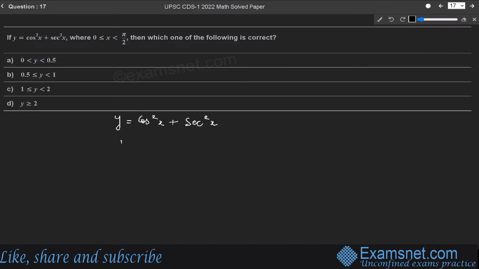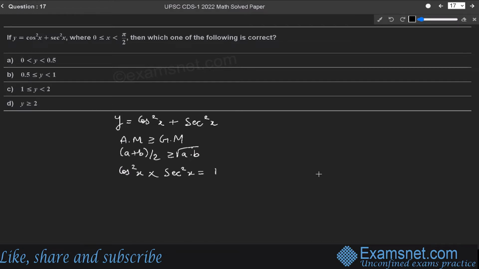The concepts are AM is greater than or equal to GM, and if A and B are two numbers, then A plus B by 2 will be greater than or equal to under root of A into B. Also, cos square x into sec square x is equal to 1.